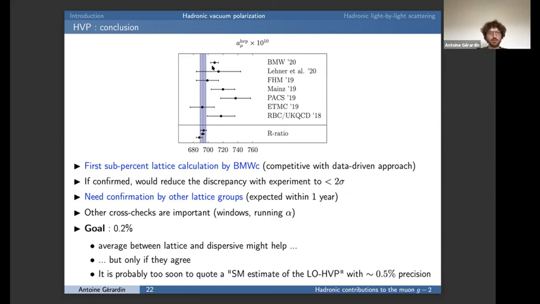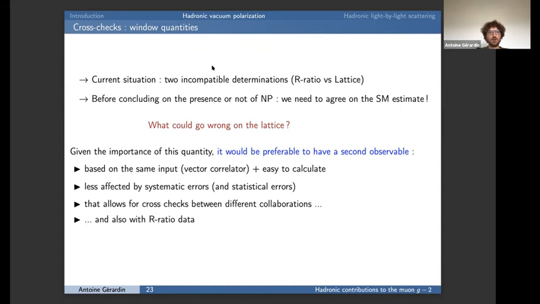And so for this, what we would like to do is to build a new observable that could probe this tension. So now we have 2 incompatible determinations. And if we want to conclude whether or not there is new physics, we need to understand the disagreement between these 2 values.